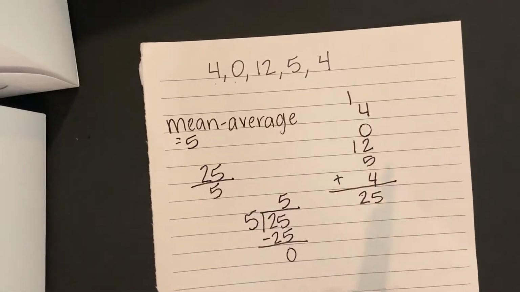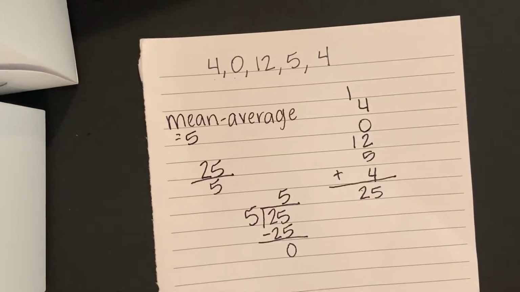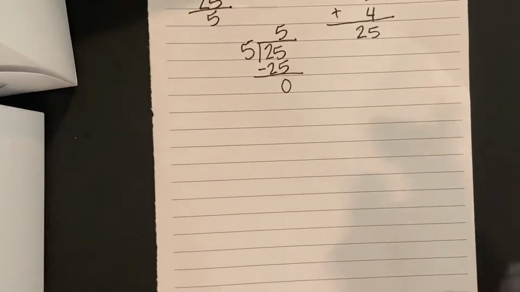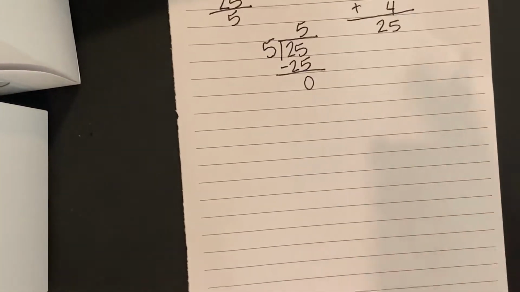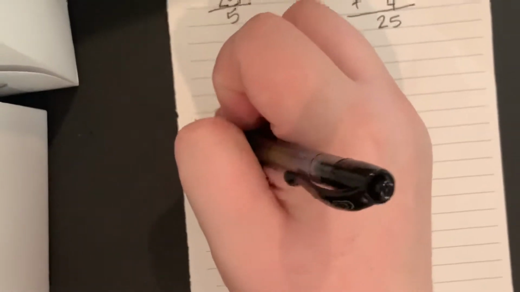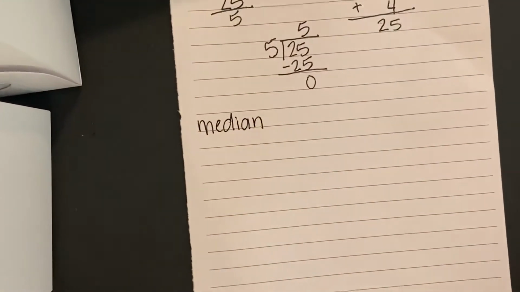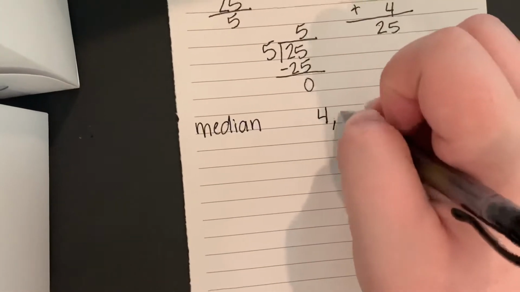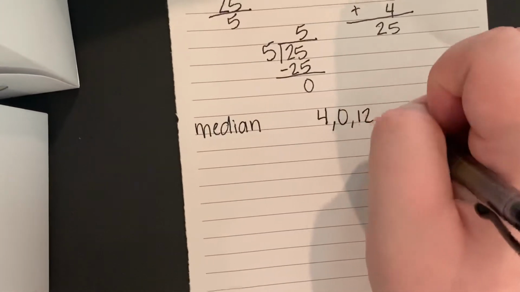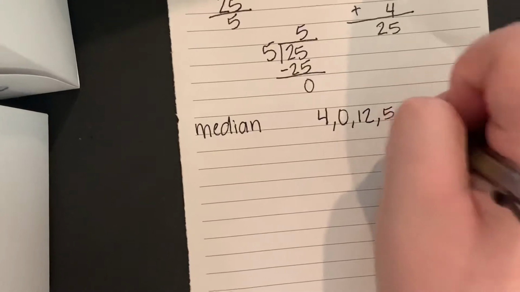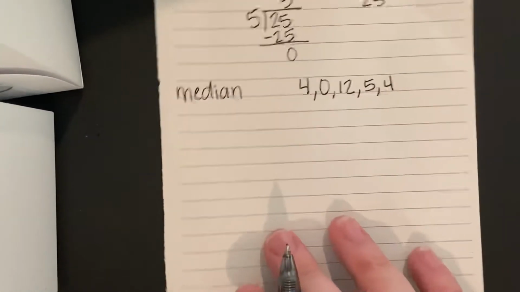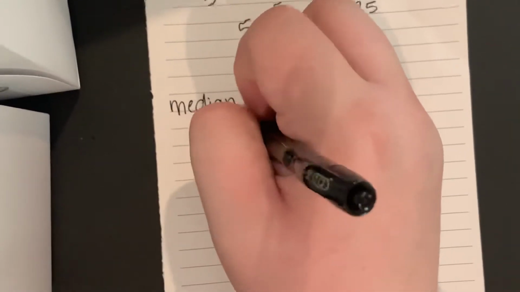Okay, now let's move on to median, which I think is in the first lesson this week. Okay, and we're just going to use the same set of numbers. Well, the first step for median, so median is like finding the middle number.